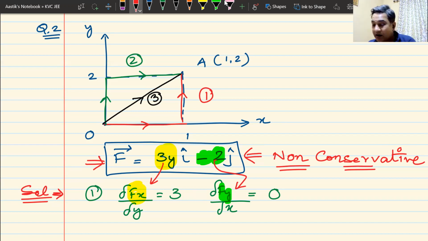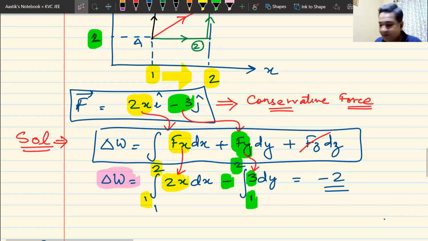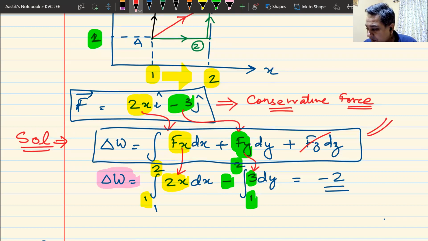Now you have to find out the work done in different parts. That is a task for you to do. Think how you are going to do it. Remember, I've given you the formula. This formula is valid everywhere. I told you that. But if the force is path dependent, you'll have to look for the path.